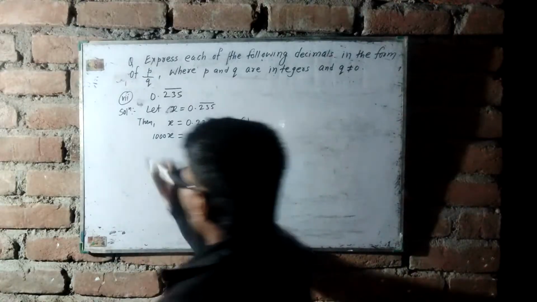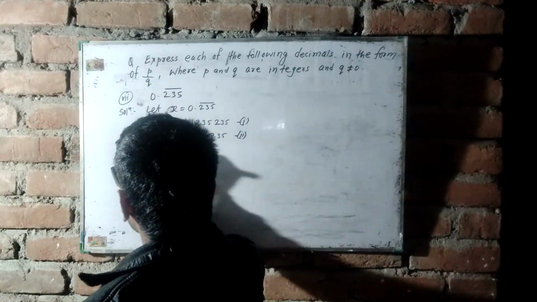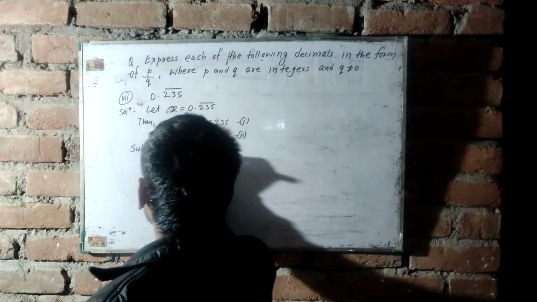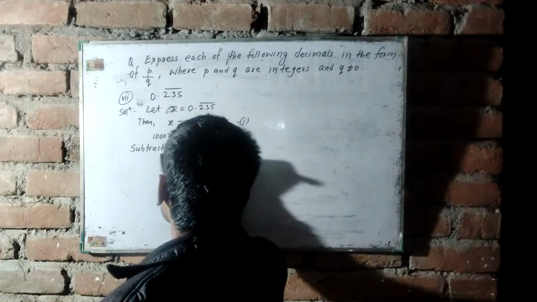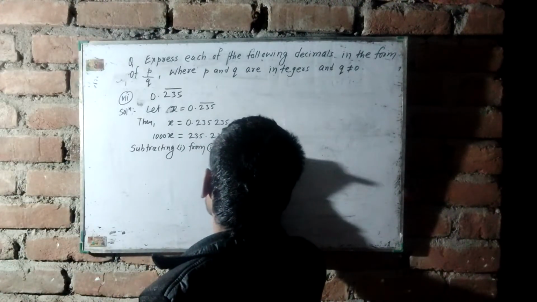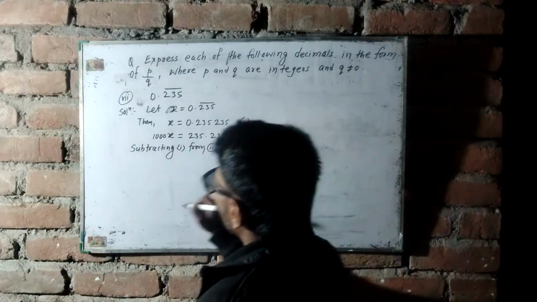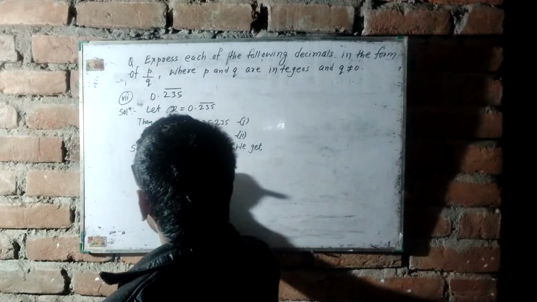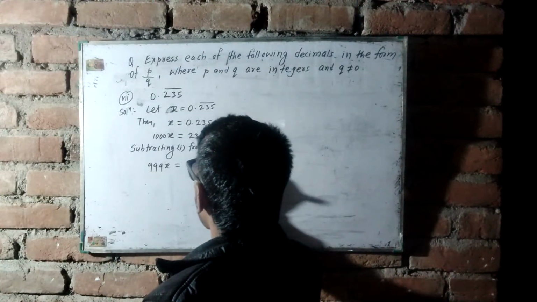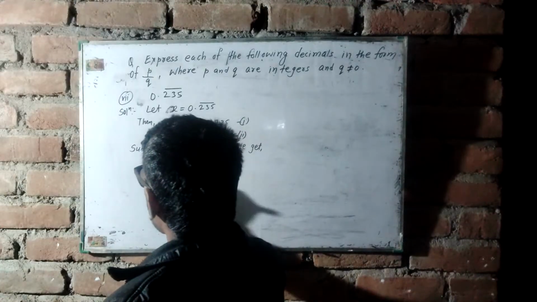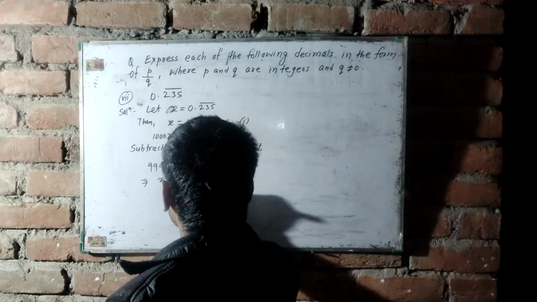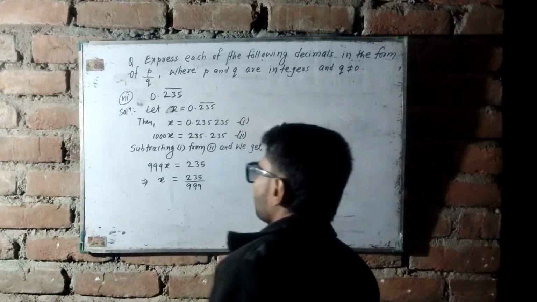Now subtracting equation first from equation second, and we get 999x is equal to 235. This implies that x is equal to 235 upon triple nine. Okay.